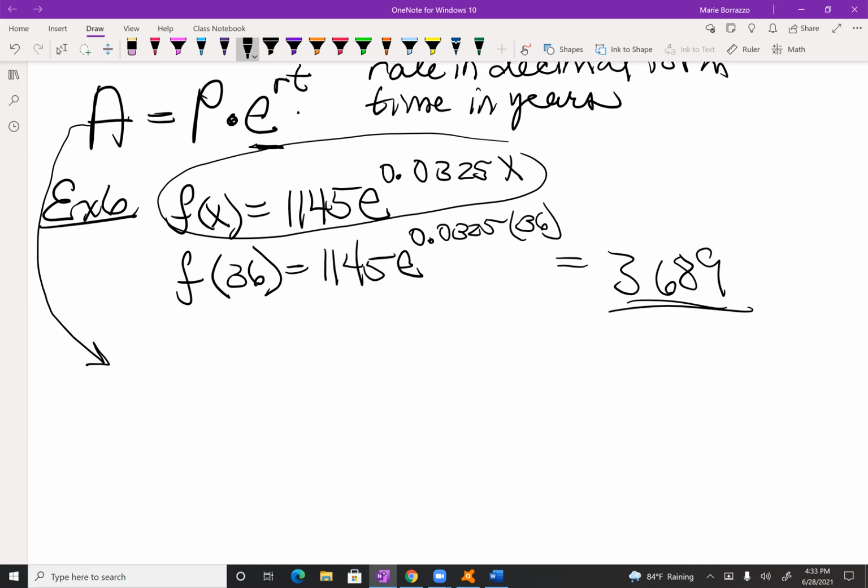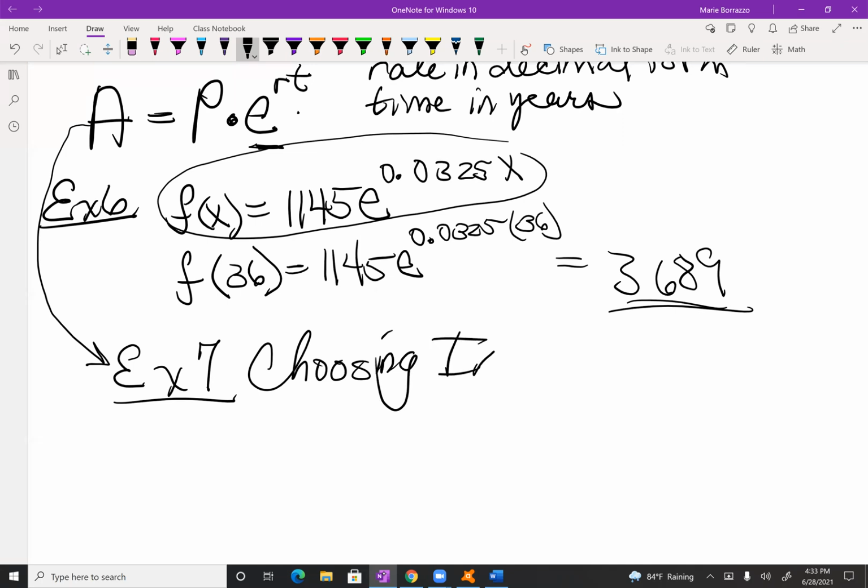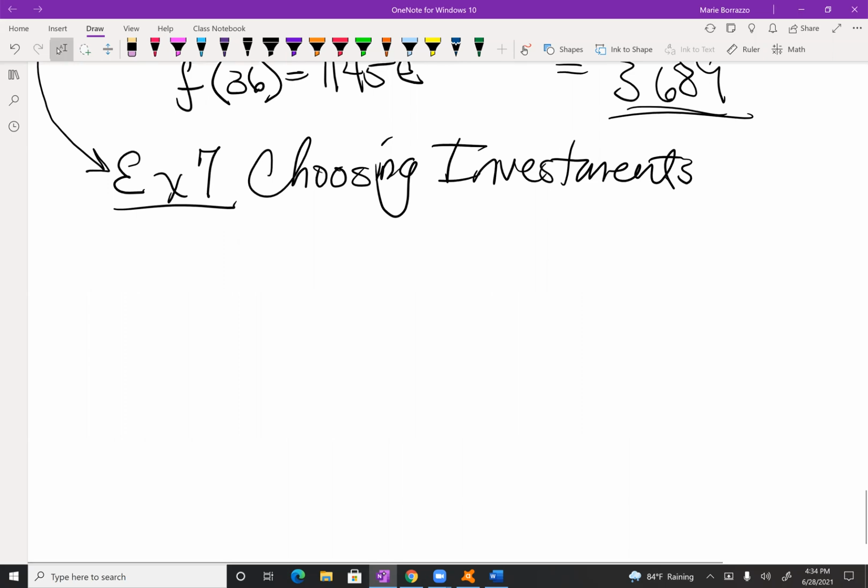All right, example 7. Now we're choosing between investments. Okay, so there's 2 formulas we're going to use.